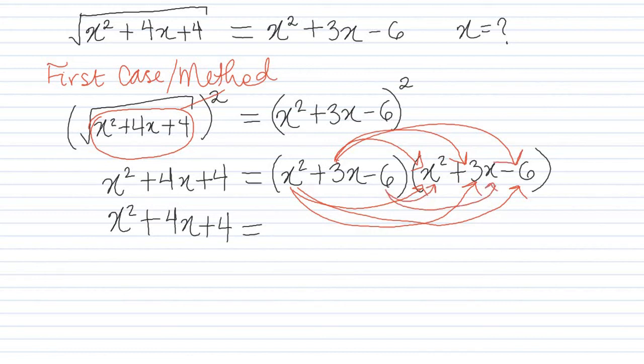What you end up finding out is the first term is going to have a power of 4, so x to the 4th. We are also going to have x to the 3rd and x squared in this.